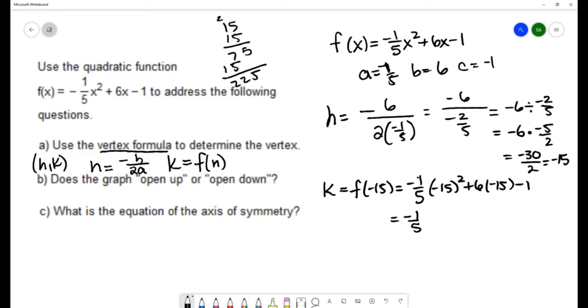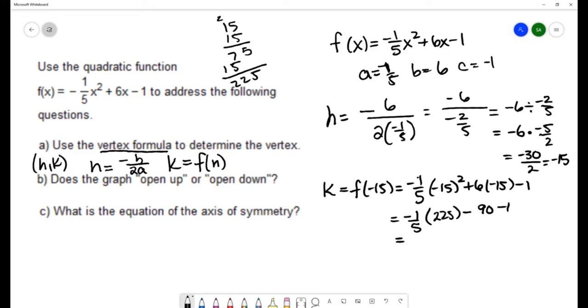So we've got a positive 225 for -15 squared, and then 6 times -15, that's going to be a negative 90, minus 1.